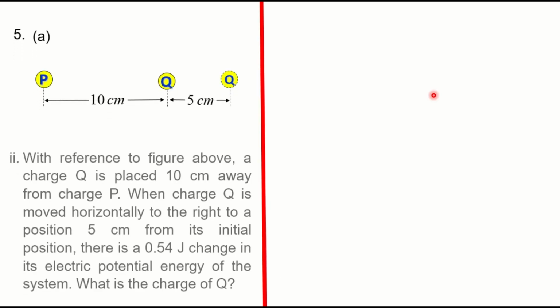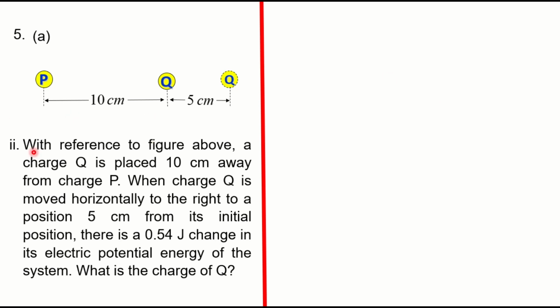Next, it's the same question, but now with reference to the figure above, a charge Q is placed at 10 cm from charge P. Initially Q was here. When charge Q is moved horizontally to the right by 5 cm from its initial position, there is a 0.54 joules change in electric potential energy.